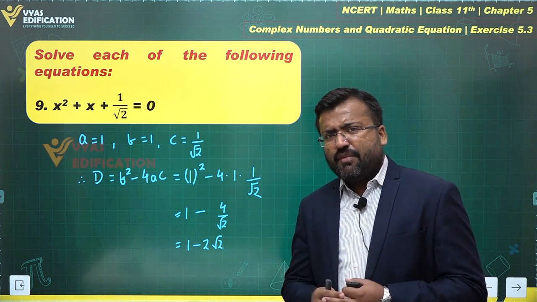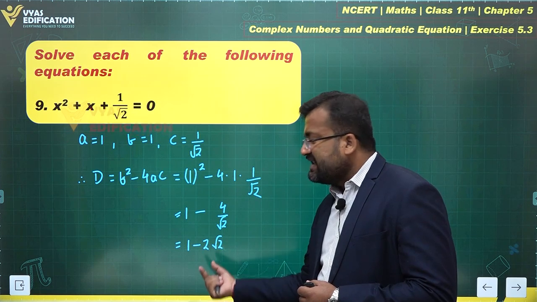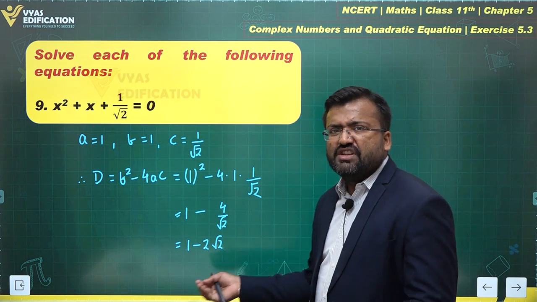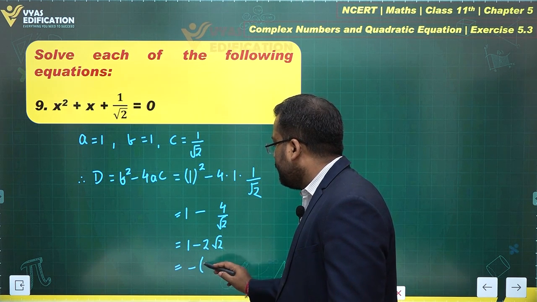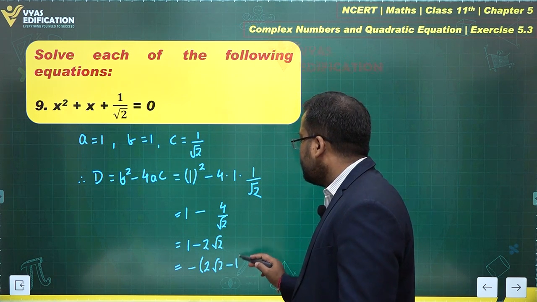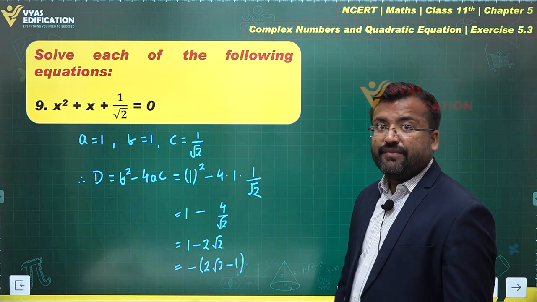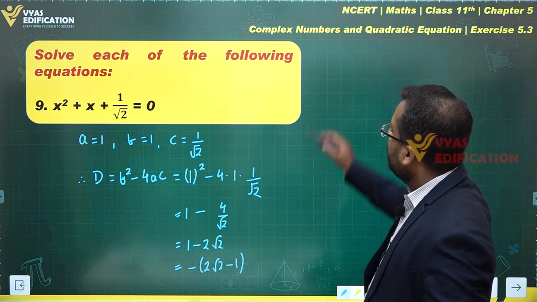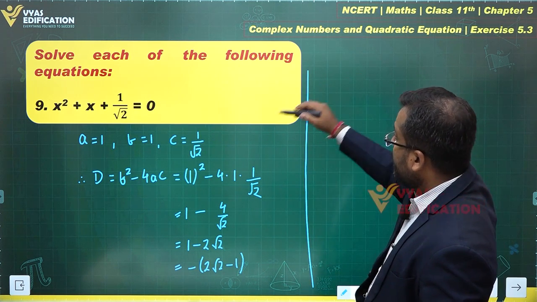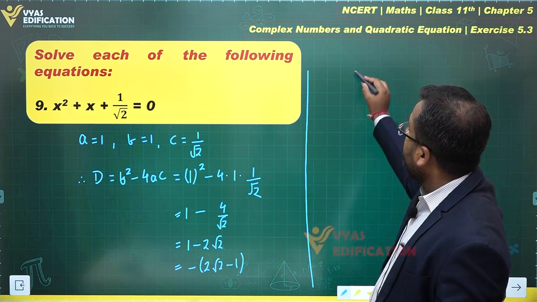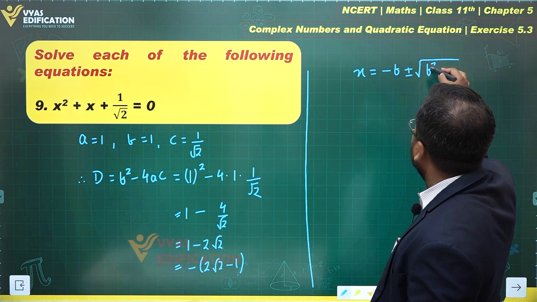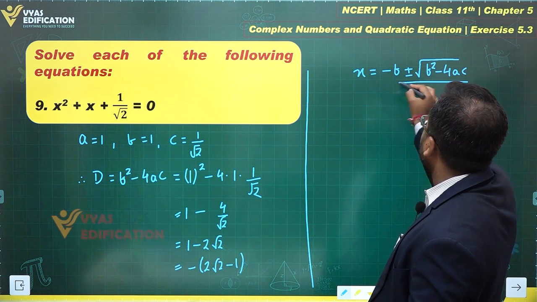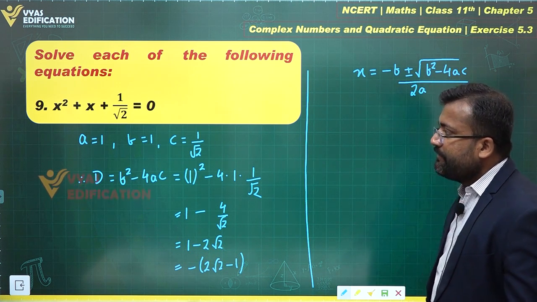Can you observe that 1 minus 2 root 2? This whole value is a negative value. Yes. 2 root 2 is much bigger than 1. And I can write it as minus of 2 root 2 minus 1. Simply this. Yes. Once we do that, the value of x by the Sridharacharya formula is minus b plus minus under root of b square minus 4ac upon 2a.